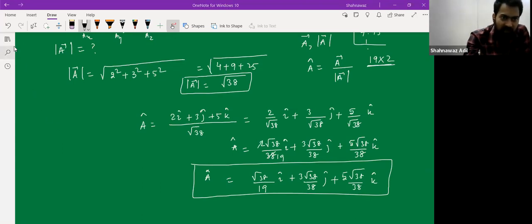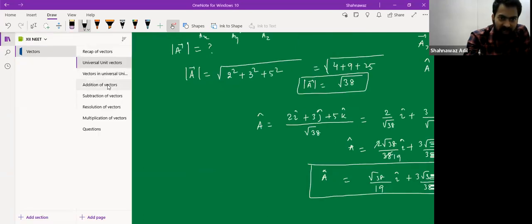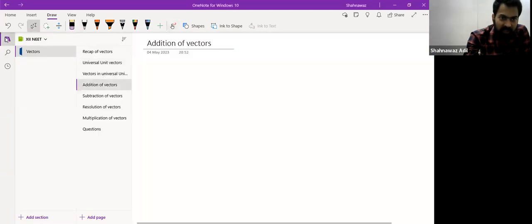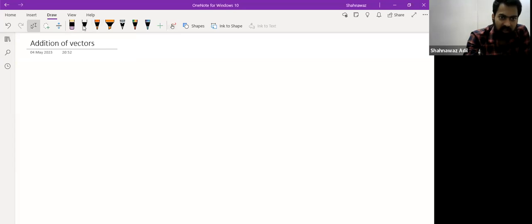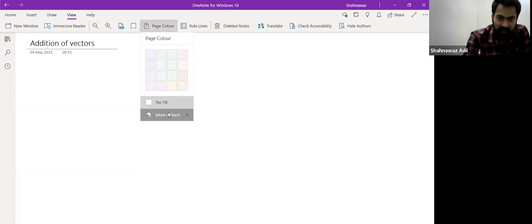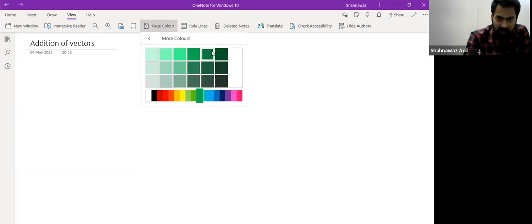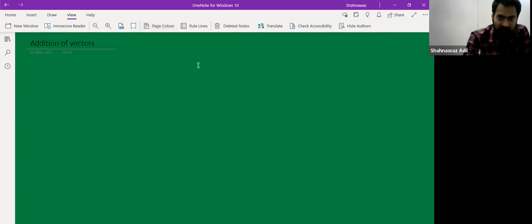Now representation is clear. Now you have addition of vectors, right?